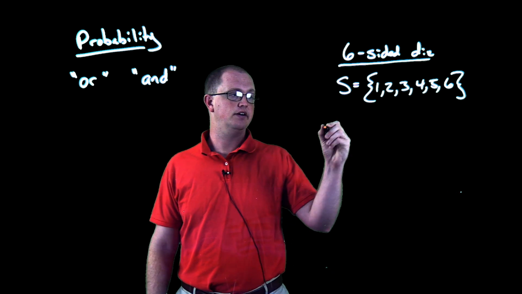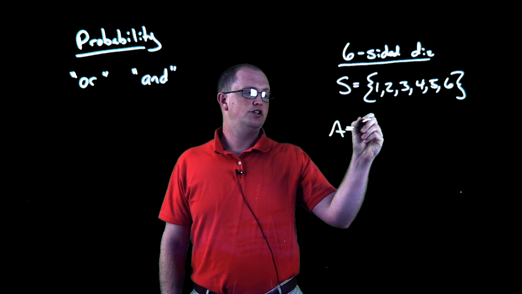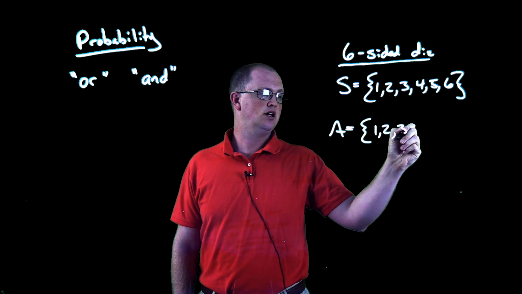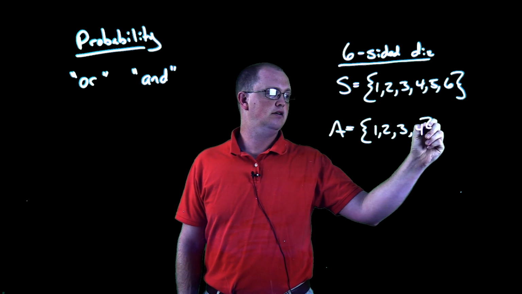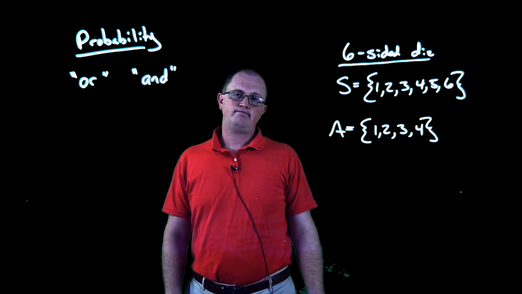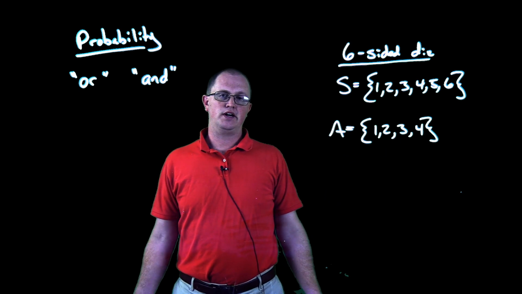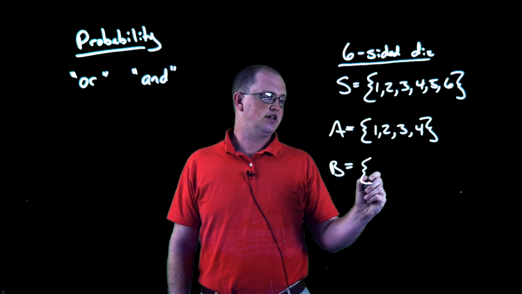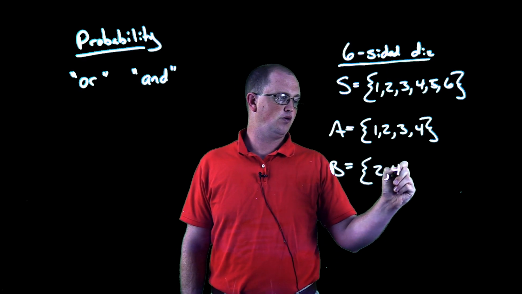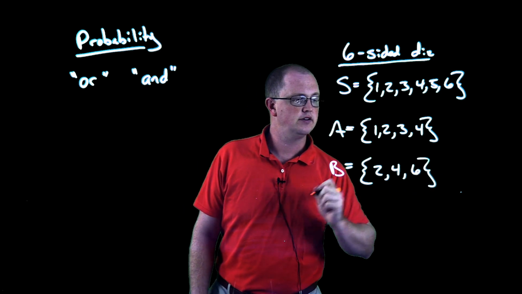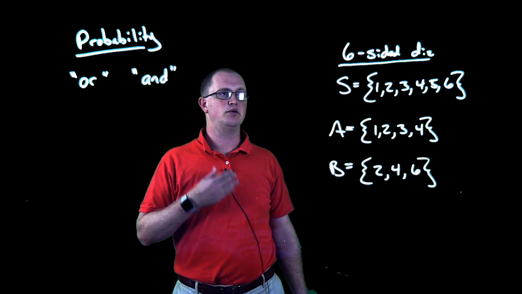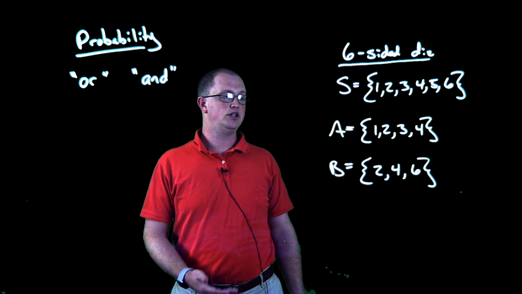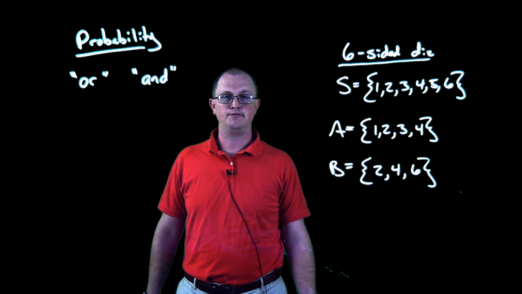We can define an event A as rolling a 1, 2, 3, or 4, and an event B as rolling a 2, 4, or 6. In other words, A is rolling something less than 5, and B is rolling an even number.